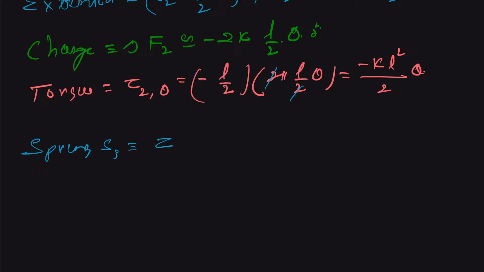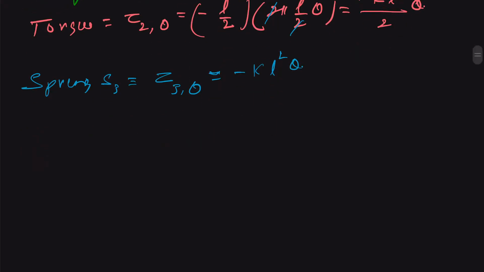Its torque tau 3 with respect to theta is approximately equal to minus k L square times theta, and in spring S4, torque tau 4 with respect to theta will be approximately equal to minus 2k L square times theta.